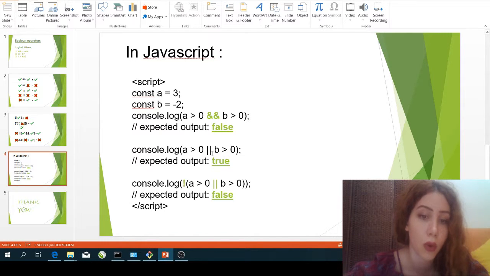We know that true or false will result in true. So the next example, again, this is true, this is false. True or false results in true. We have this sign which means not true, so it's false.